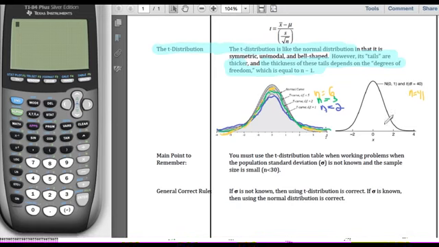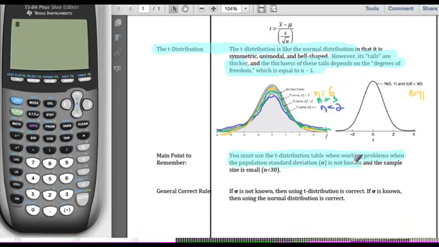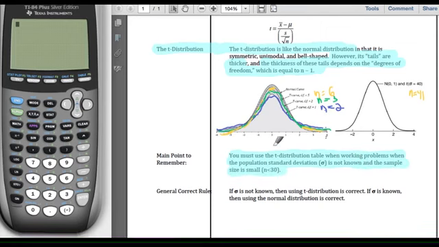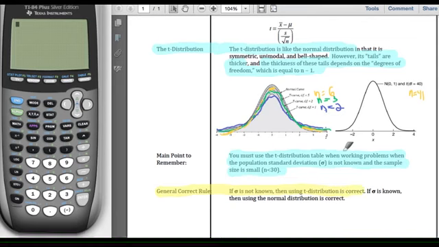Just to narrow it down, the main point to remember: you must use the t-distribution when working problems when the population standard deviation is not known and the sample size is small, less than 30. The general rule that most statistics courses use is that if sigma is not known, then using the t-distribution is correct.